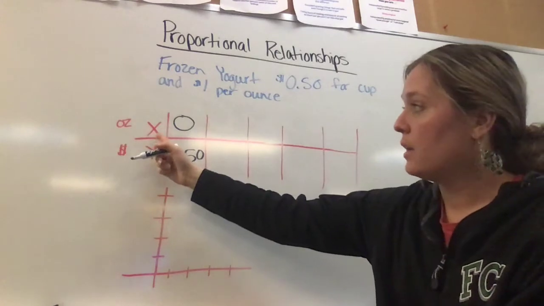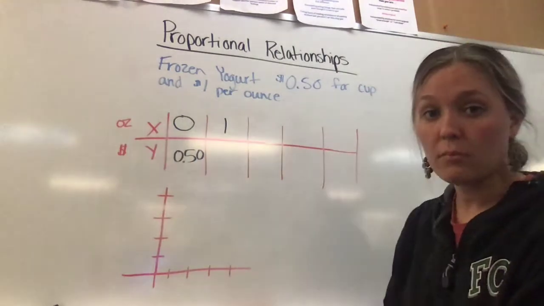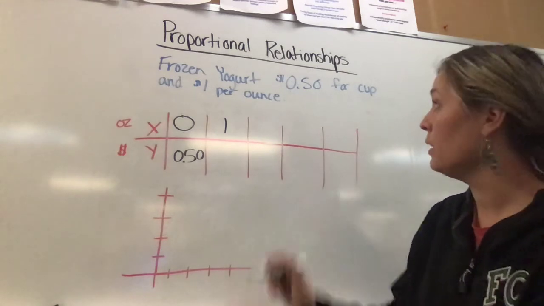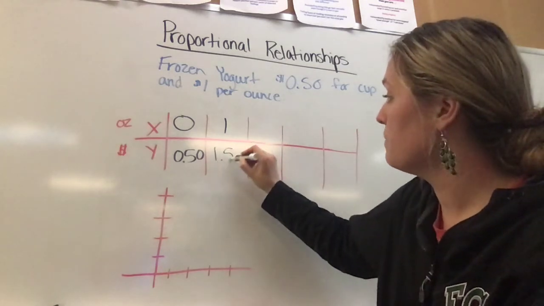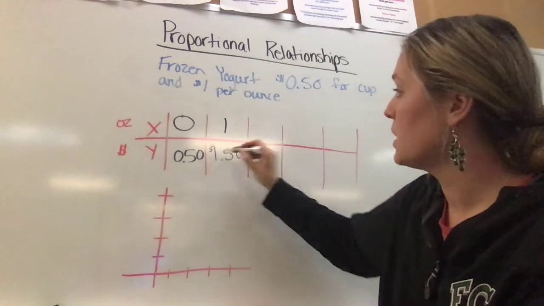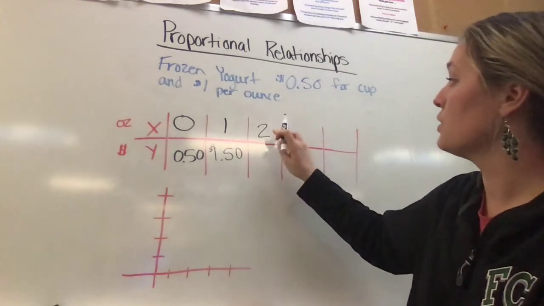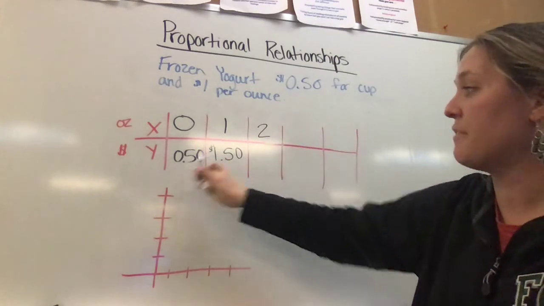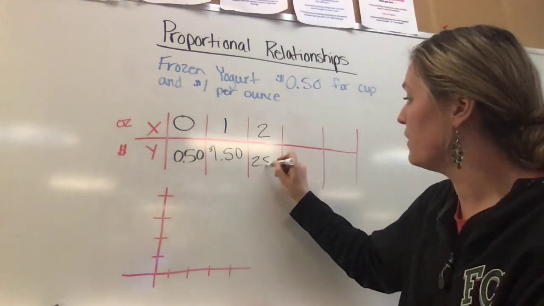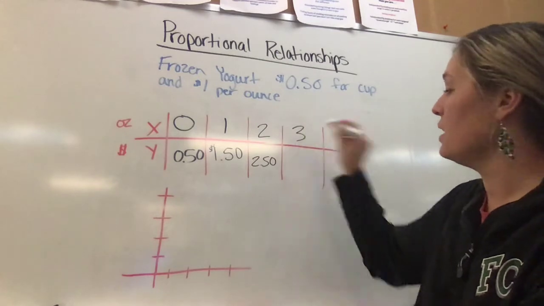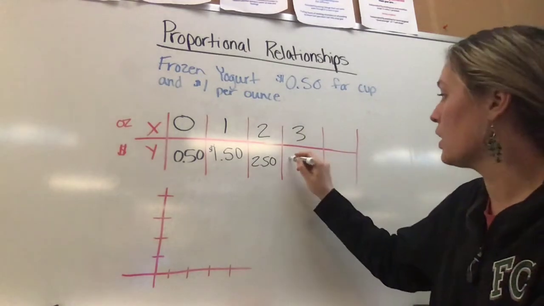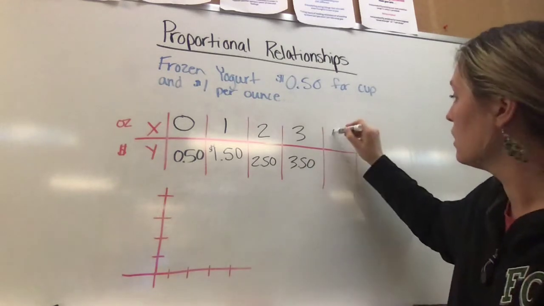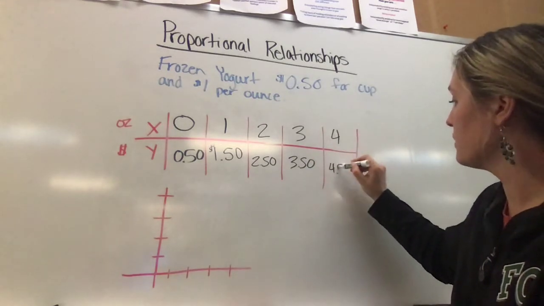Now I buy 1 ounce of yogurt, and how much have I spent? $1.50. 2 ounces, it's $1 per ounce, so I spend $2 on the froyo, but I still have the 50 cents, so I'm at $2.50. 3 ounces cost me $3.50, and 4 would cost me $4.50.